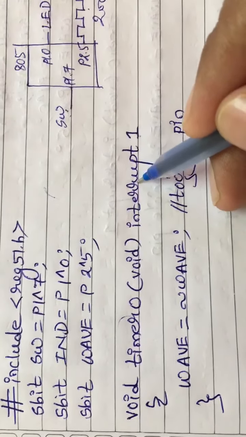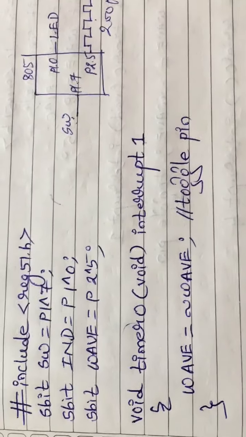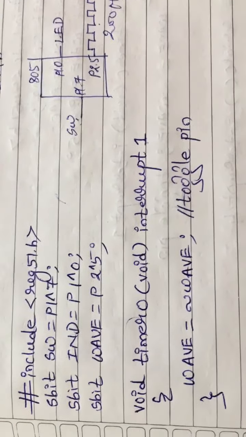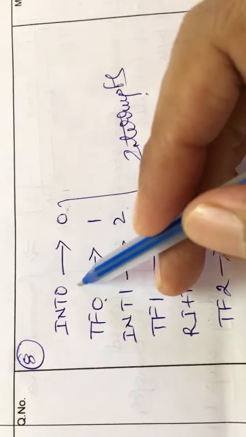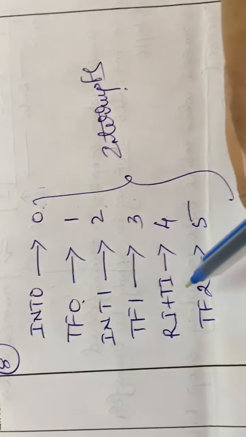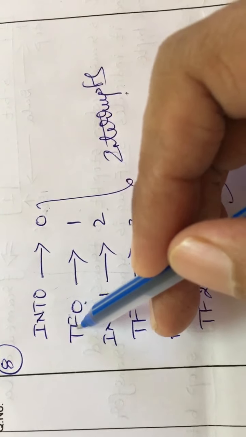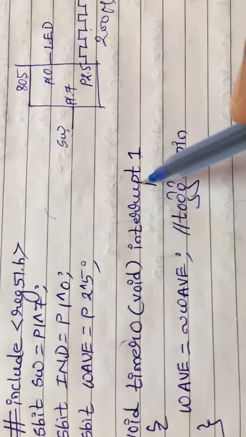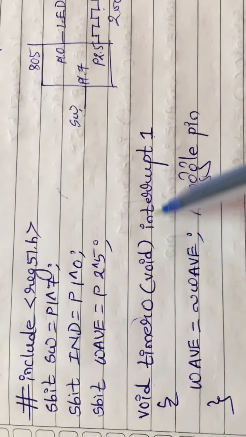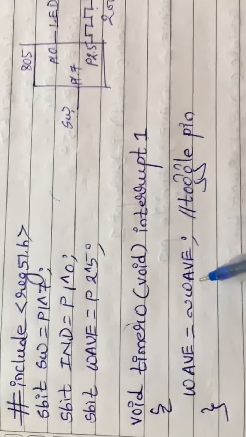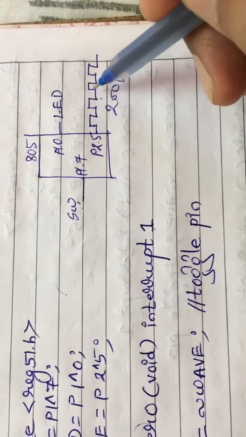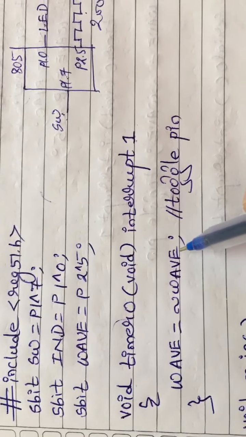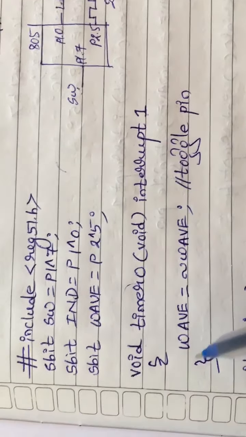Interrupt 1, because for timer 0, TF0, interrupt number 1 is to be used. In that I just write the code wave = ~wave. That's it, and close the bracket.